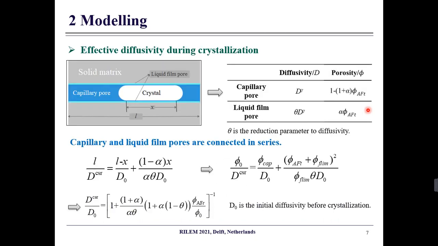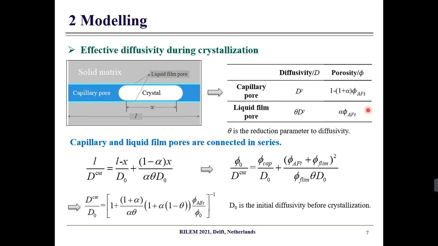Let me summarize the characteristics of capillary and filled pore in this table, including diffusivity and porosity, where theta is the reduction parameter. Then, we will derive the effective diffusivity during crystallization. As the top left figure shows, the capillary and filled pore are connected in series, so we write the effective diffusivity in this form.